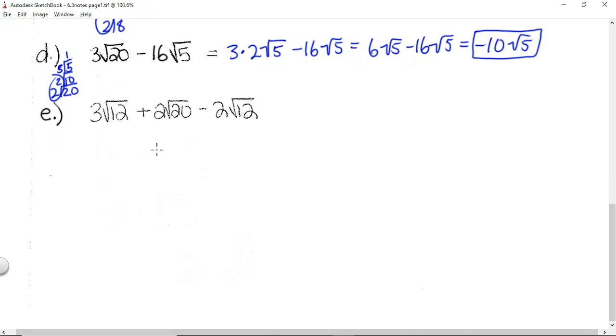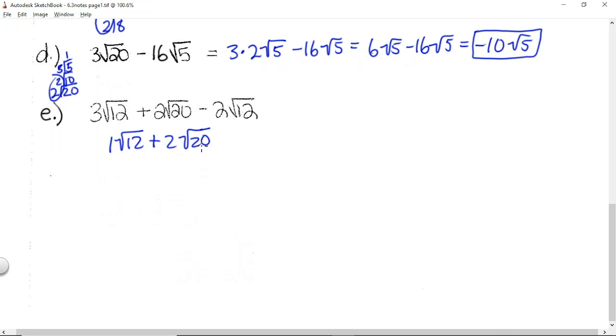See, they have the same radicand, the square root of 12. So we can do that first. And that gives us 1 times the square root of 12. And we still have plus 2 times the square root of 20.